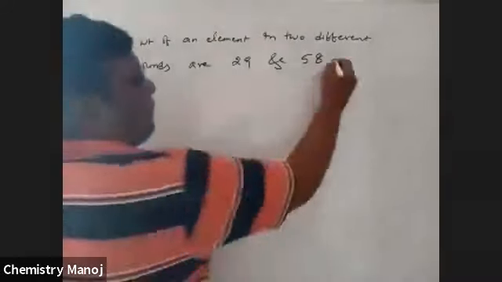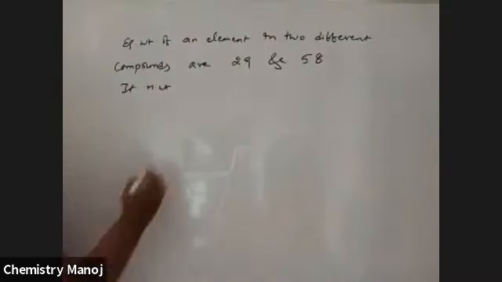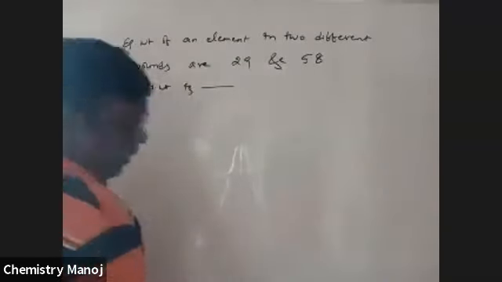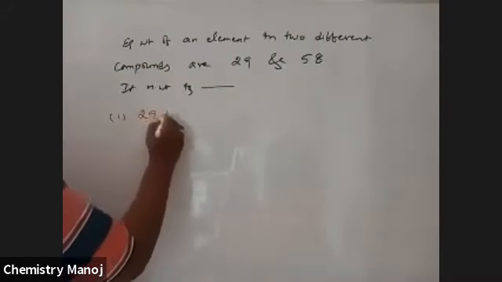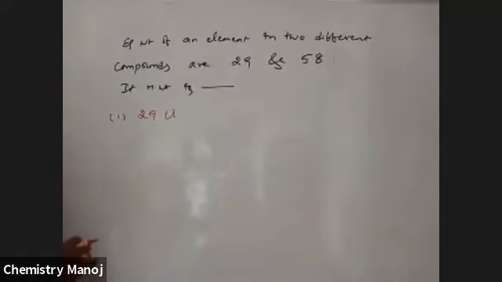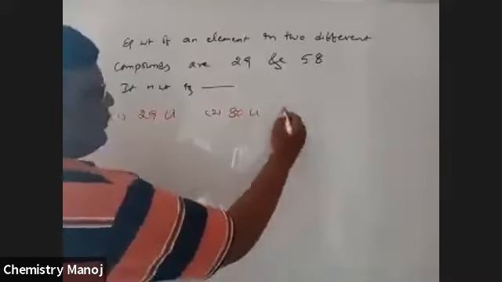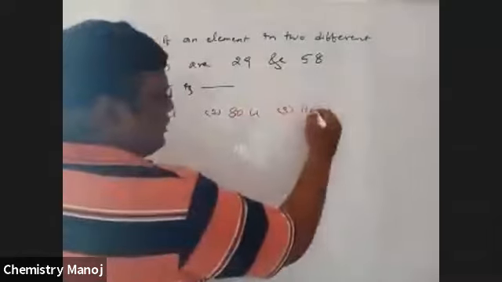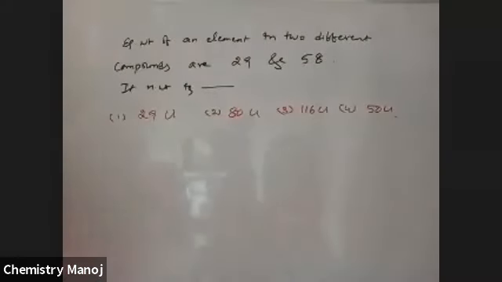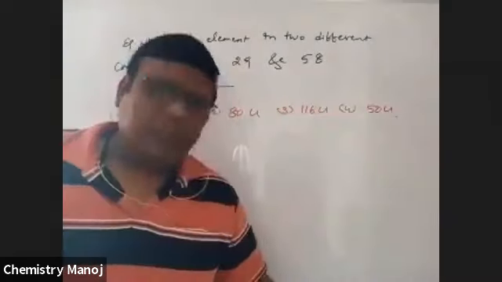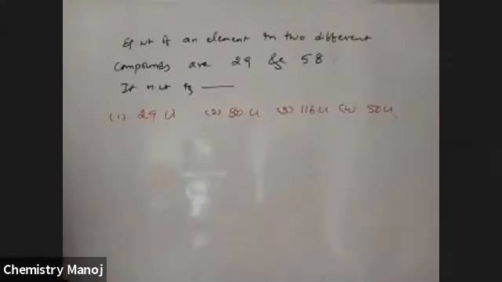Then its molecular weight is dash. The options given to you are option 1, 29 units, second one, 80 units, third one, 116 units, fourth one, 50 units. So give me the answer among all those 4. Third one, yes, correct. Option 3 is correct.